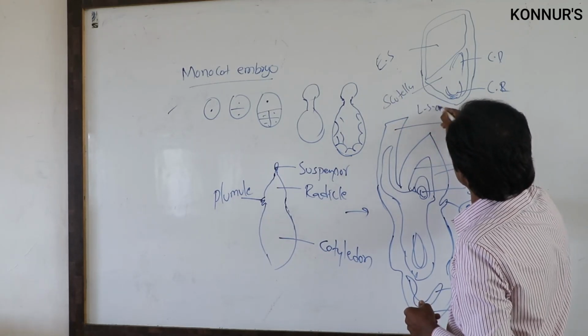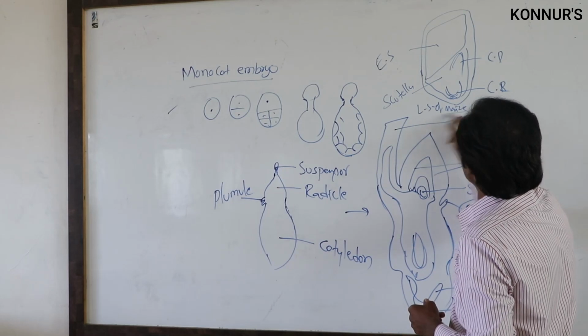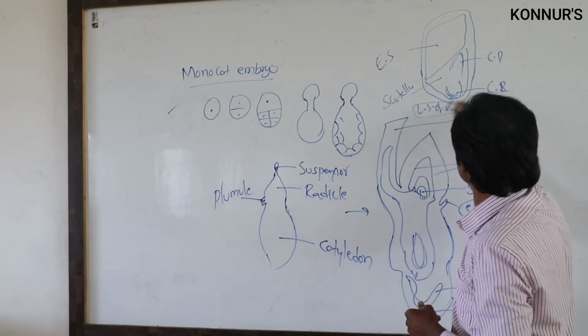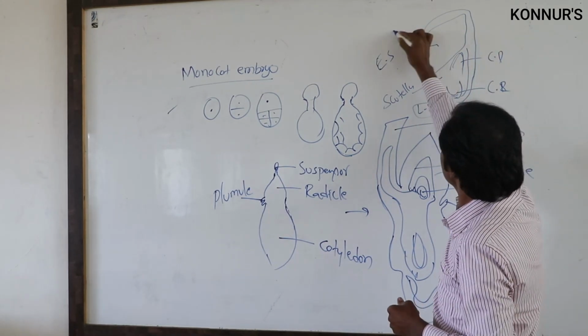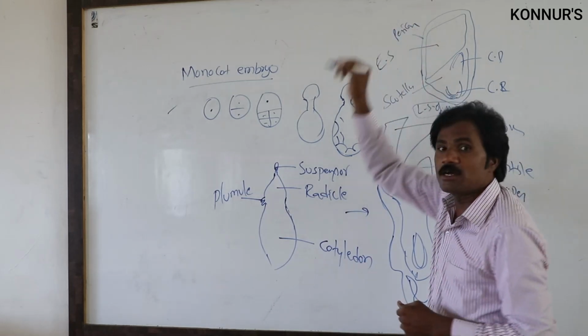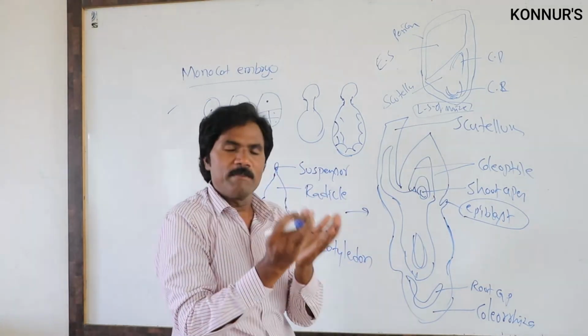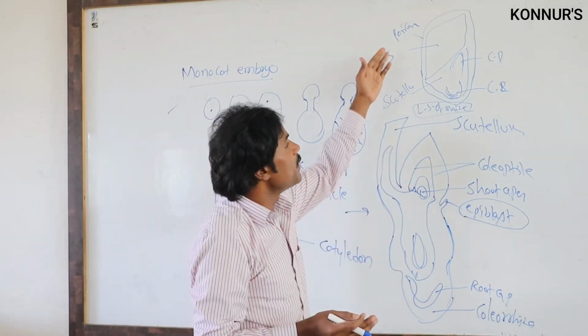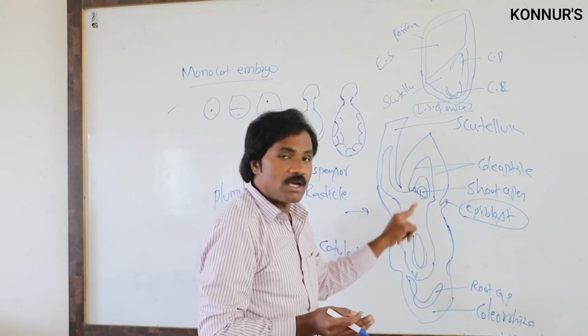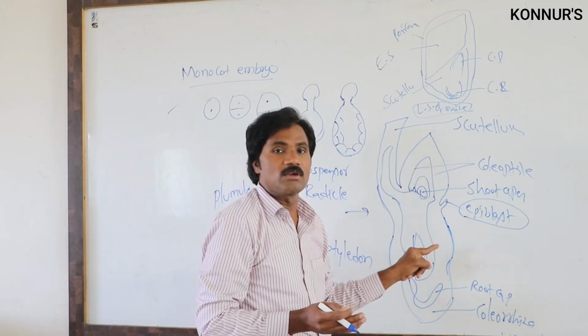This is the LS of the maize plant, and this is the pericarp. After fertilization, the ovary wall converts into the pericarp. This is the maize, this is the grass, LS of that particular grass.